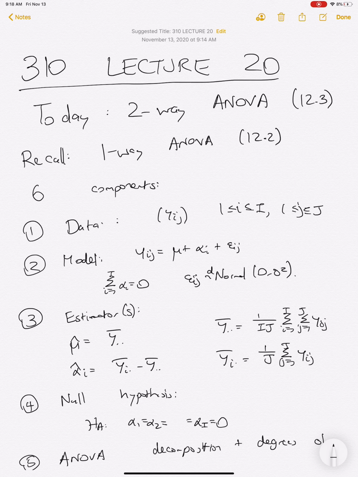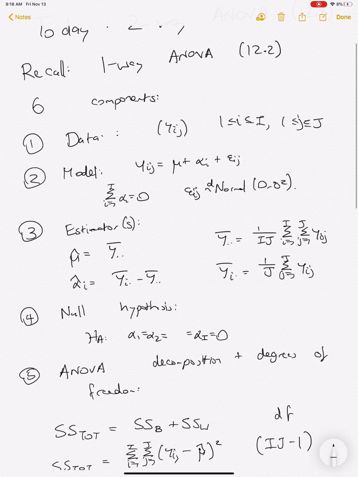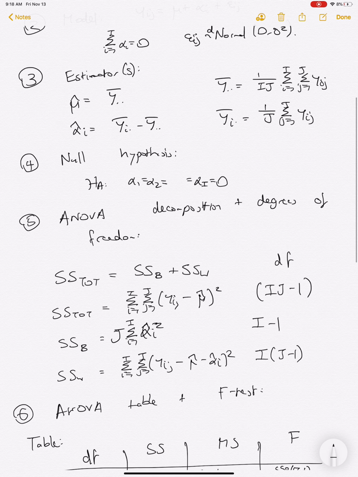And then the estimators of our parameters. The key estimators here are for mu hat and for alpha i hat. I'll briefly talk as well about how you estimate sigma hat squared. I didn't talk about that in the previous lecture, but I will talk about that here briefly.